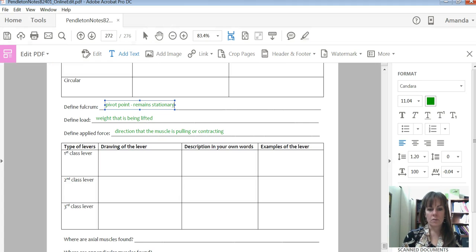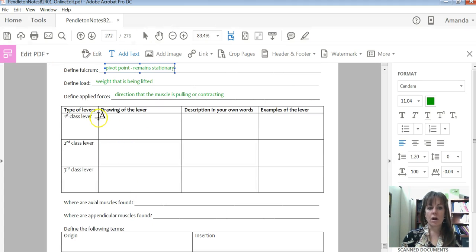So what I'd like for you to do here is make a drawing of the lever, draw it in whatever way makes sense to you, but make sure that you put that the fulcrum is in the middle. So it's between the load and the applied force, okay?